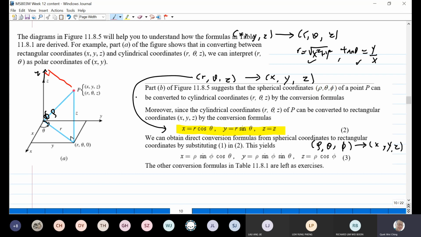This is actually distance r here, because this is phi here.